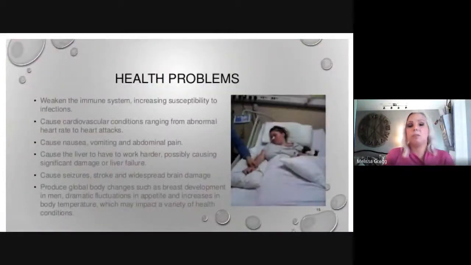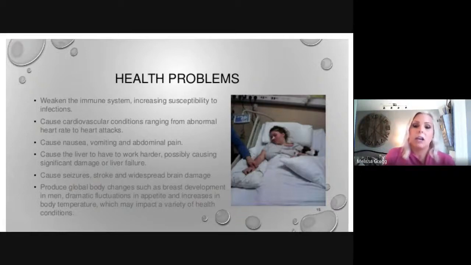And health problems: weakened immune system, increased susceptibility to infections, of course. Major risk of heart attack, especially with cocaine, increased heart rate, increased blood pressure, nausea, vomiting, liver damage, of course, because everything has to metabolize and pass through the liver. So any of those pills or prescription pills, seizures, stroke, and global body changes such as breast development in men.